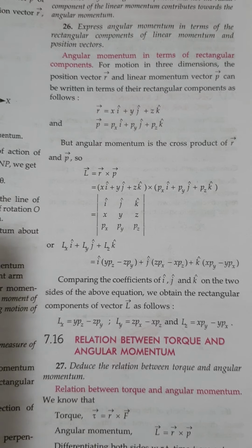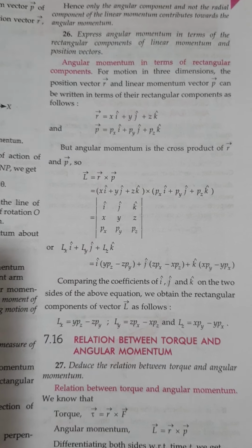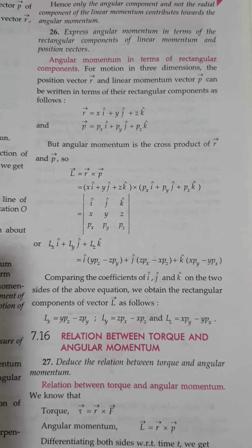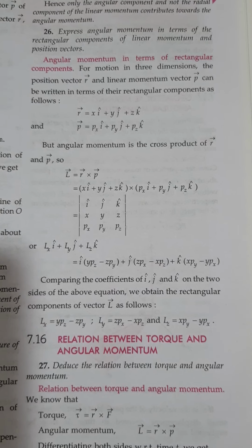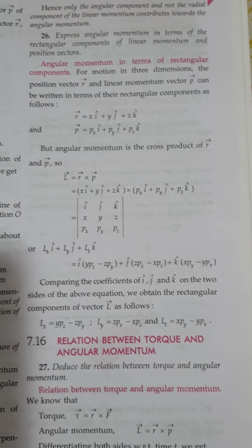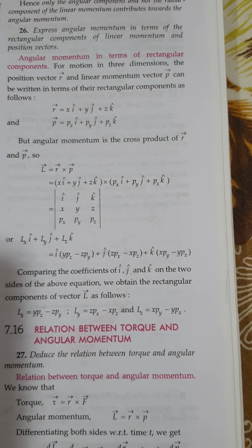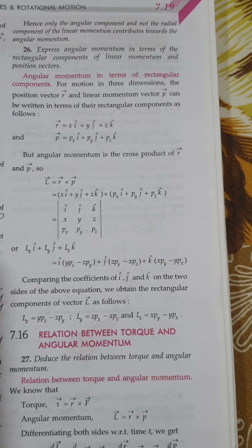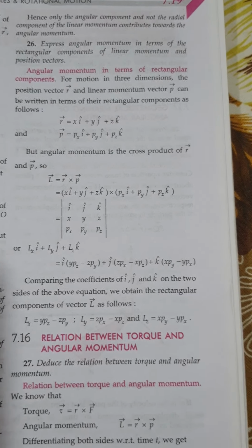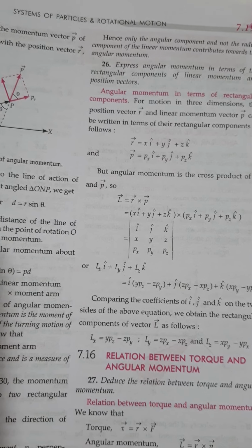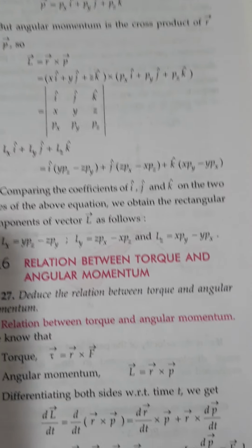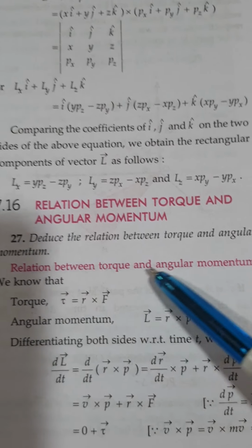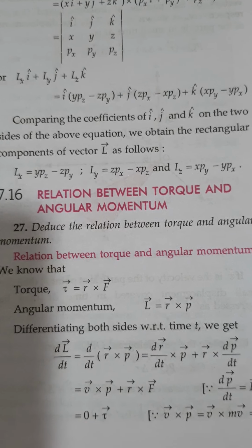Now see, we have learnt in laws of motion the second law of Newton, that force is dp by dt. That is, force is nothing but the rate of change of linear momentum. So now we are going to learn the relation between torque and angular momentum.